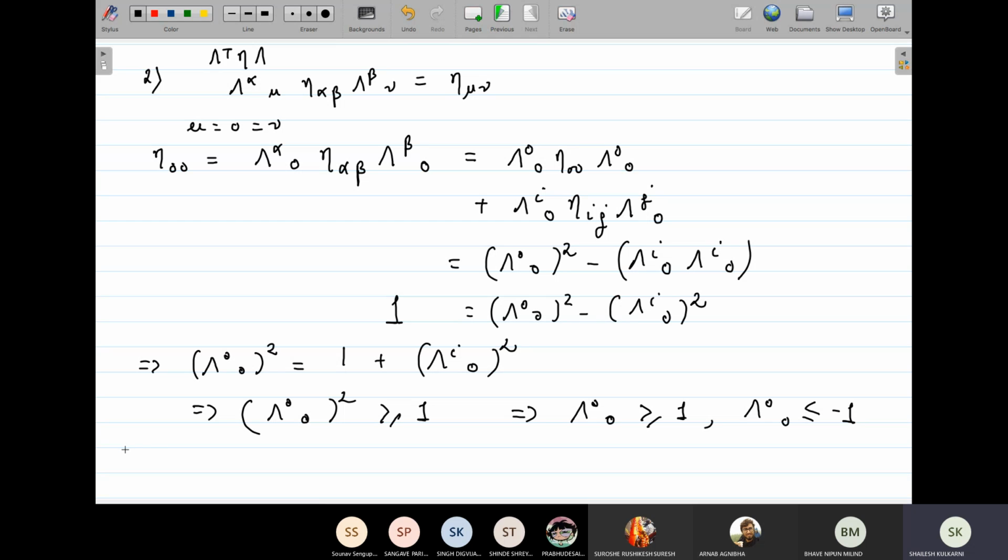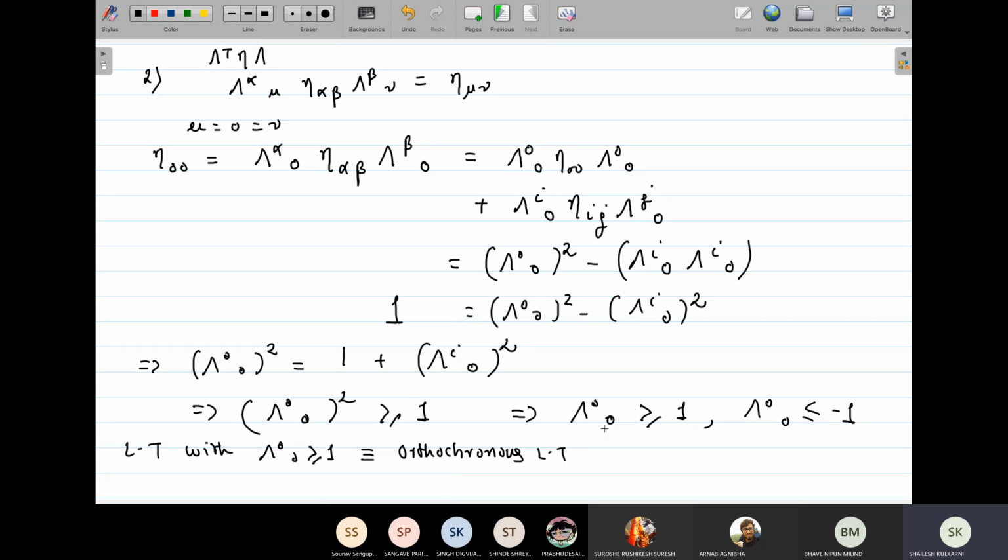Lorentz transformations with lambda 00 greater than or equal to 1 are known as orthochronous Lorentz transformations.